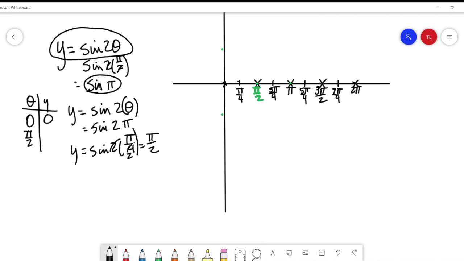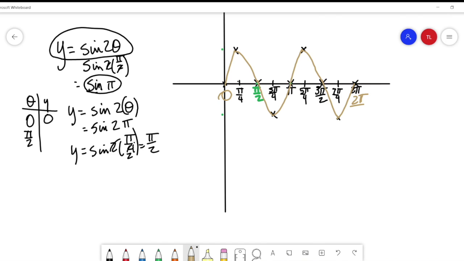So go up here. Now the graph is going to go up, down, back, up. Now it'll go up, down, up, down. Now that's 0, and that's 2 pi.